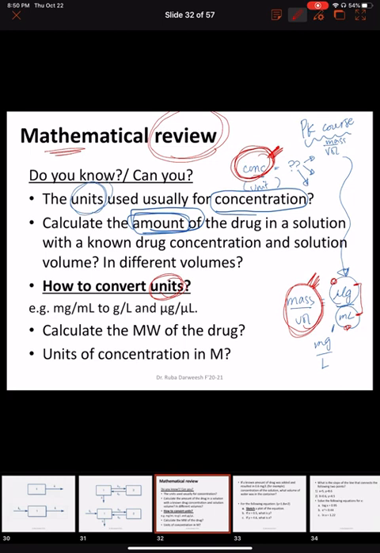Again, for this course I will not ask you to determine the molecular weight of the drug, but I can tell you that the weight of the patient equals, let's say, 70 kg, and the volume of distribution equals 2.1 liter per kg. I consider you able to convert the volume of distribution to liter.